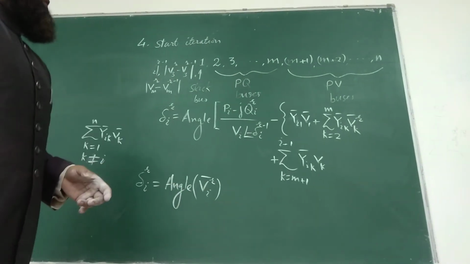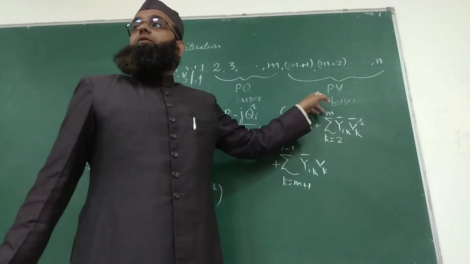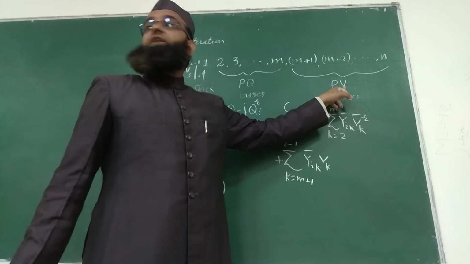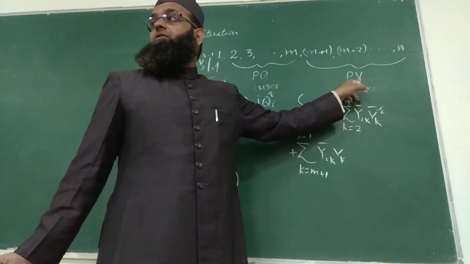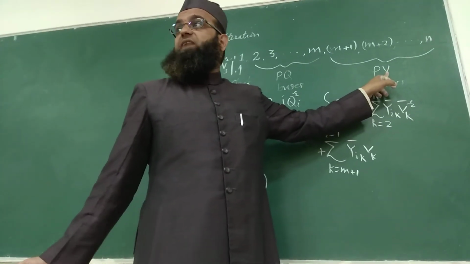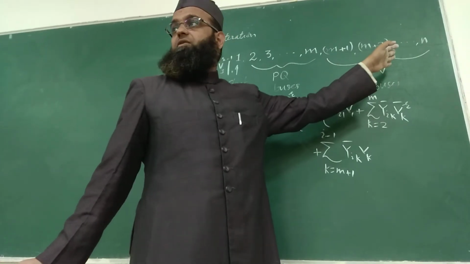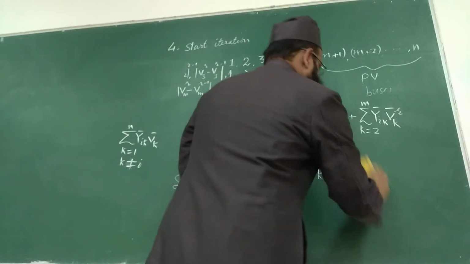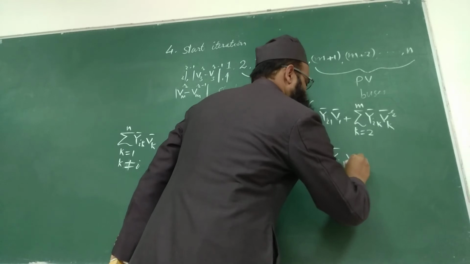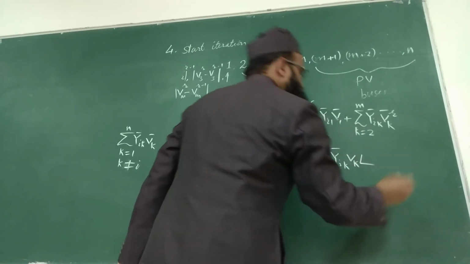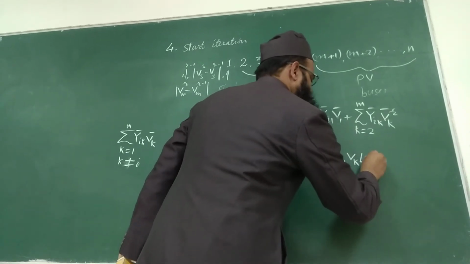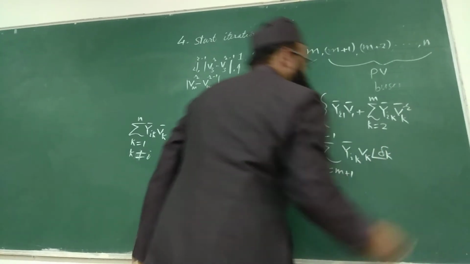Now you have entered the PV region. So V magnitude is a specified quantity. These magnitudes are specified for all PV buses, so we will write magnitude separately: VK magnitude, angle delta K. What to write?